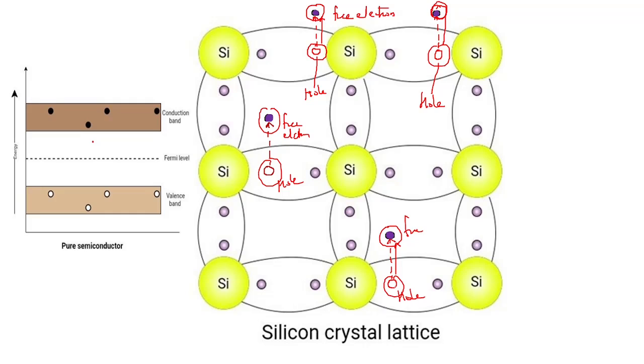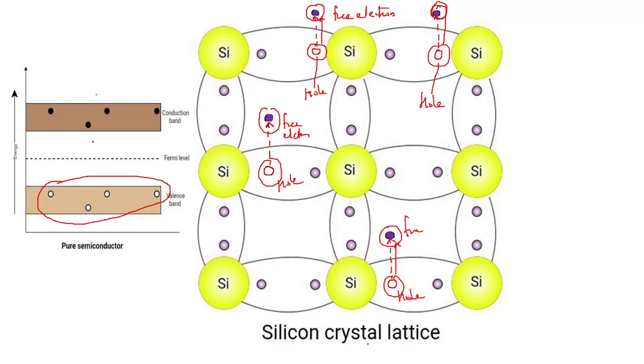Now if you see the energy band diagram in this figure, initially when the covalent bonds were there, all the electrons were in the valence band. This is the valence band. But at normal temperature, a few electrons broke the covalent bond and became free electrons.